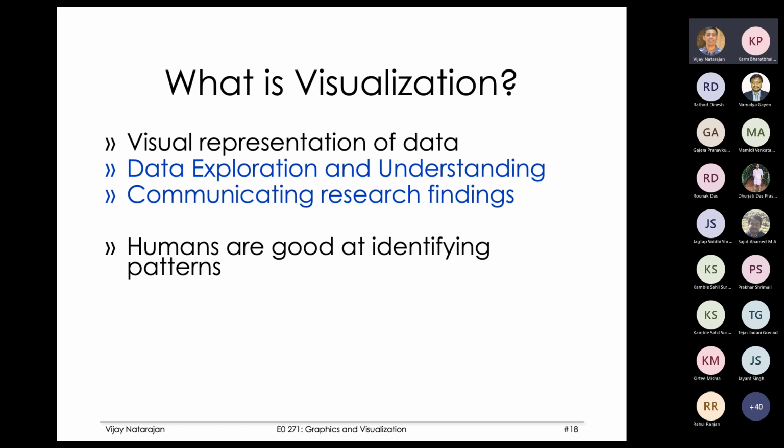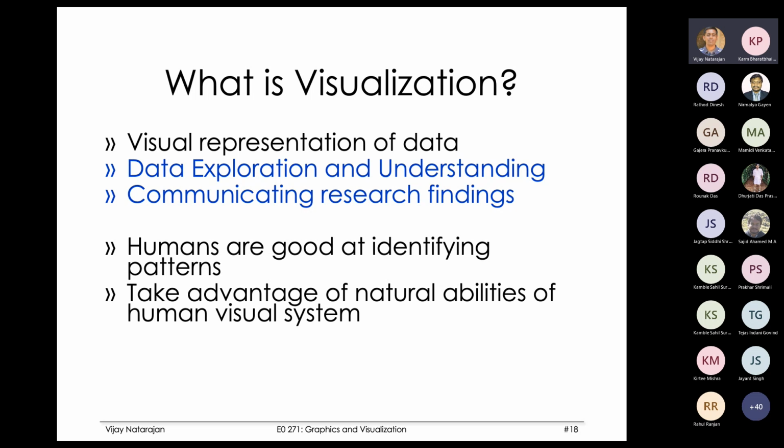The human visual system, what is it really good at, right? It is good at a couple of things. So these are natural abilities. One is we are very good at 2D visuals. We have very strong ability to recognize patterns in 2D images.